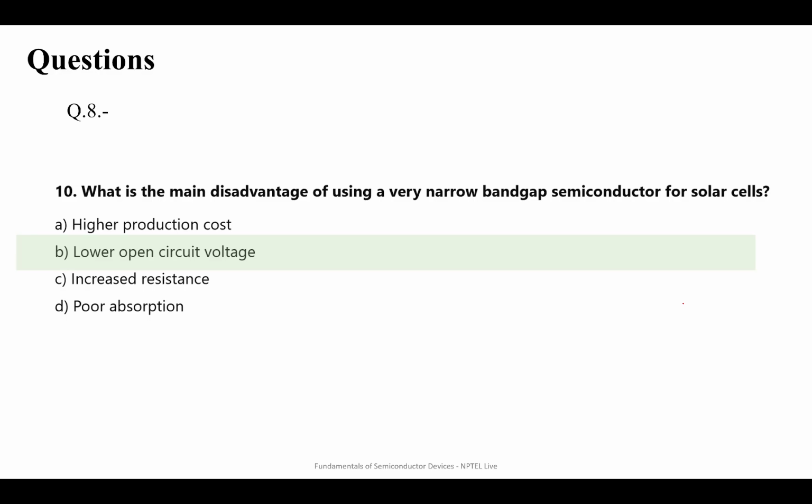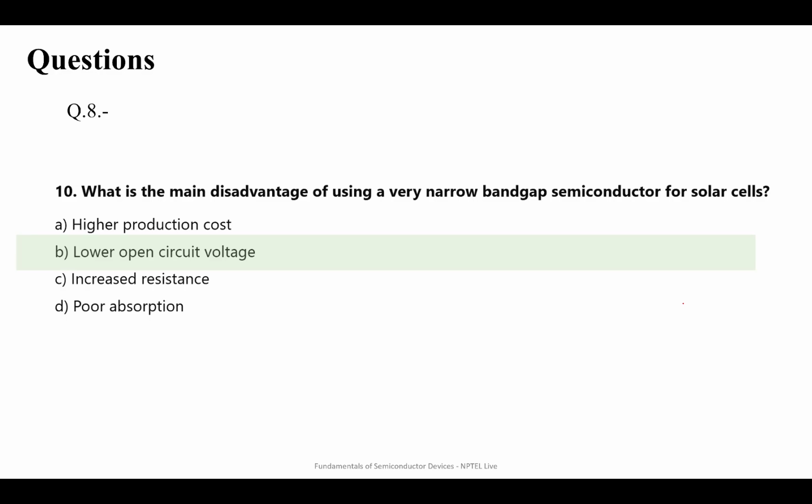Yes, sir. Sunlight is UV, visible, IR, everything, right? Yes, sir, the sunlight spectrum is everything. So if I go to a very low band gap like 0.2 eV, 0.3 eV, then all the range will be absorbed.